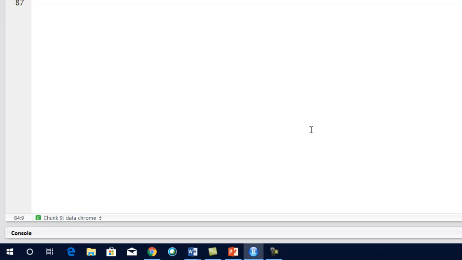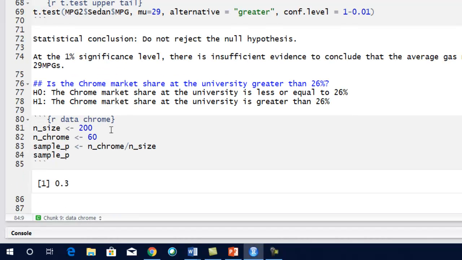Okay, my answer here is 30%. So in my particular sample, the proportion of users that use Chrome is 30%. It seems like I have some evidence, but the big question is: is that evidence enough for me to conclude that at the whole university, the market share is greater than 26%?